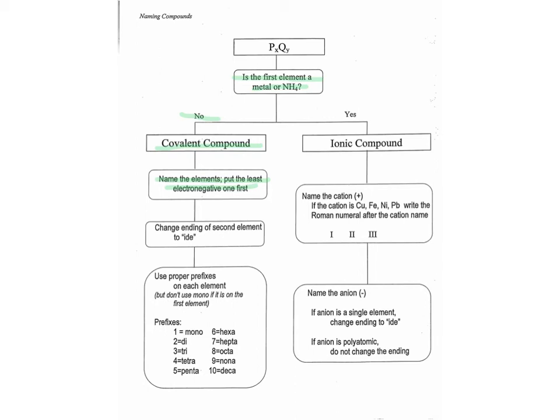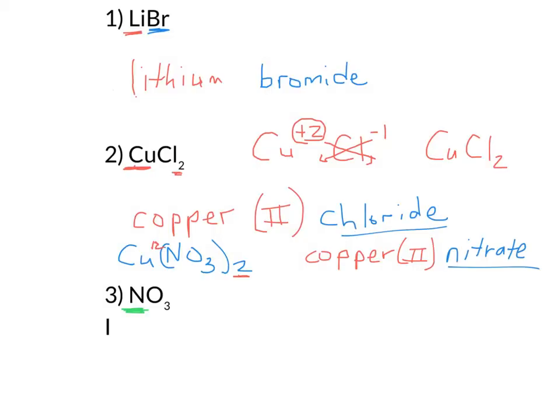For now, you can just trust that the order that we give them to you, for example NO3, is already in the correct order. So we're just going to name the elements. In this case, NO3, I'm going to name the elements nitrogen and oxygen.